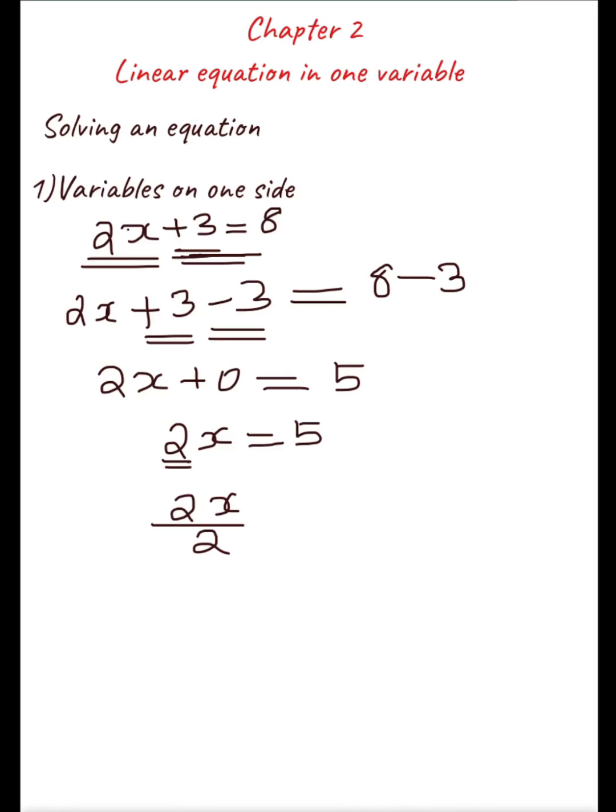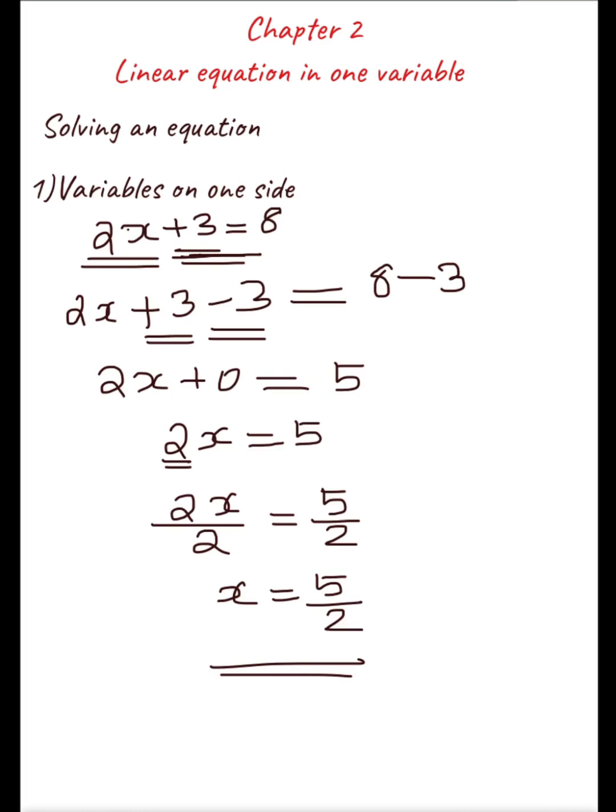Since you are dividing the left hand side by 2, you have to divide the right hand side also by 2. What will be there on the left hand side? Only x. So x = 5/2. Understand? So our solution is x = 5/2. This is the way of solving an equation.